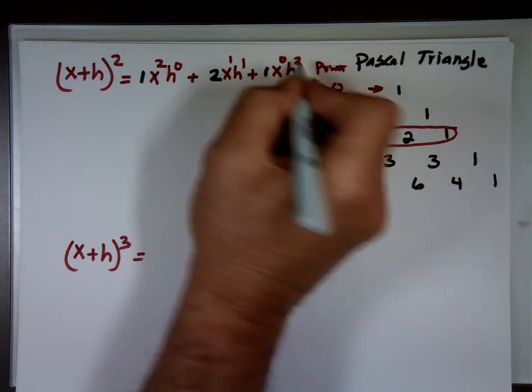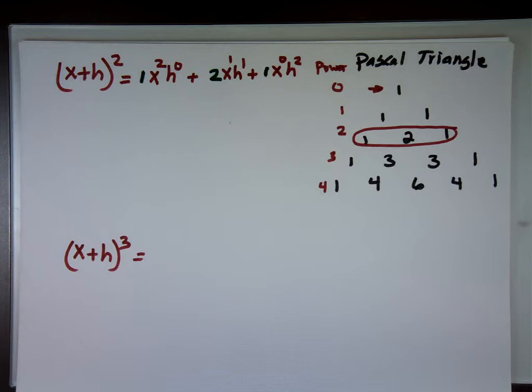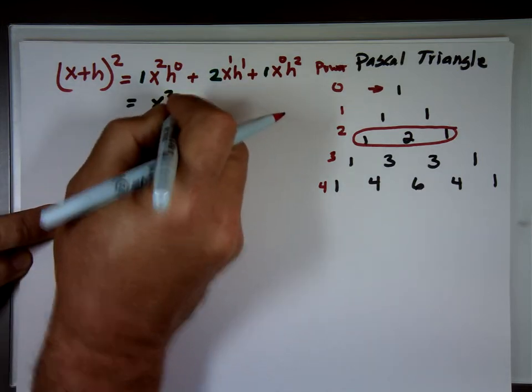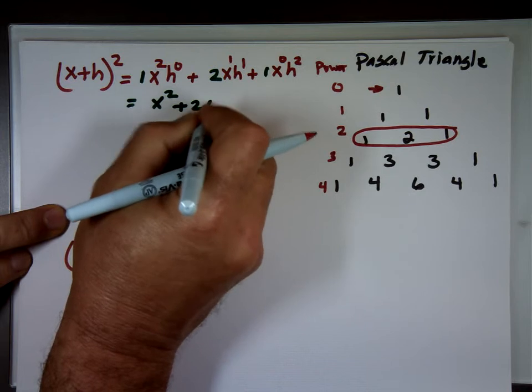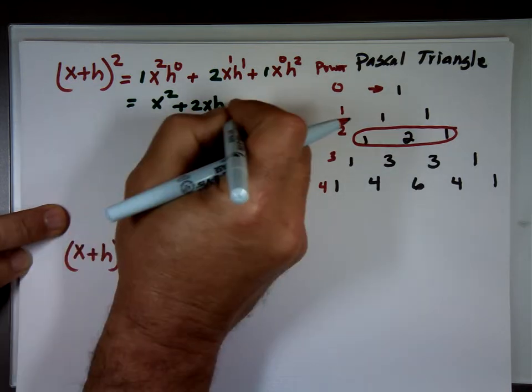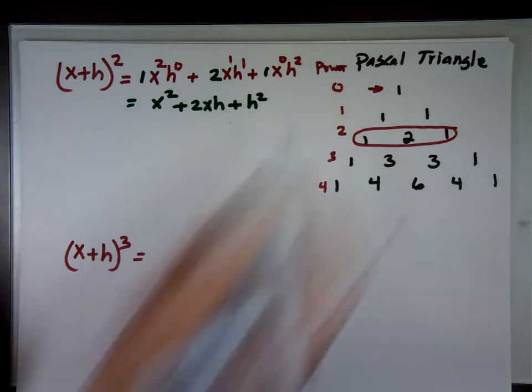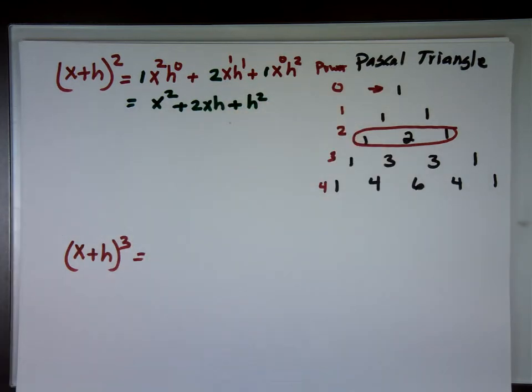Yep. So can we simplify that answer? What do we have? X squared plus 2xh, I don't need the ones on it, plus what? H squared. I'll come back and put them in a few minutes. I'll go back and plug them in.